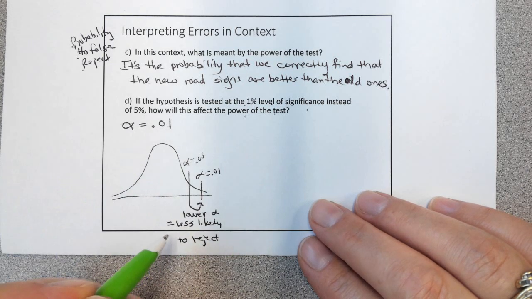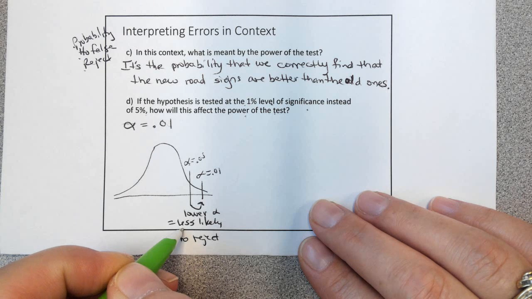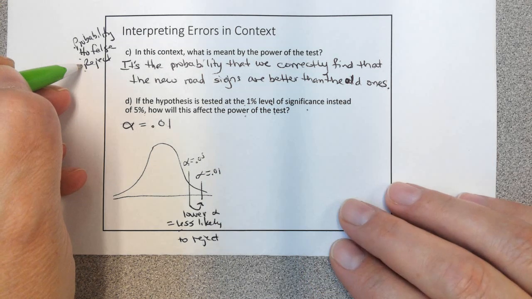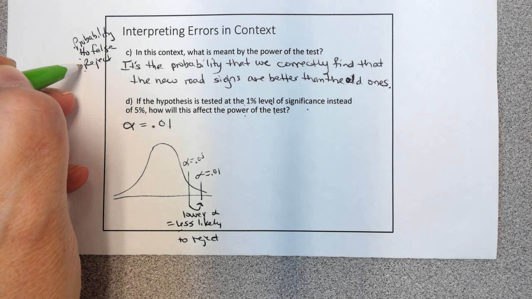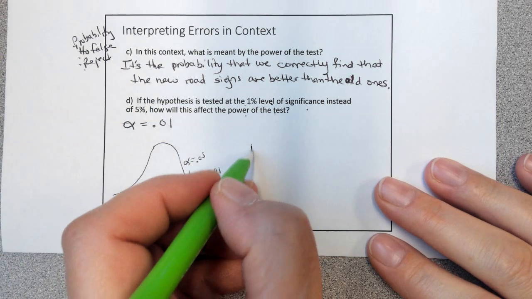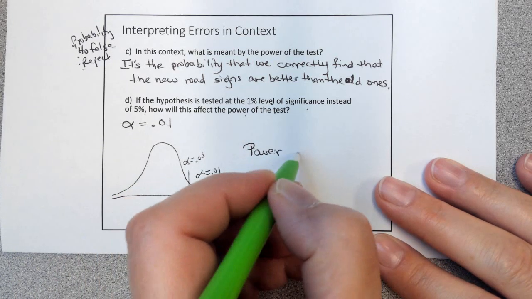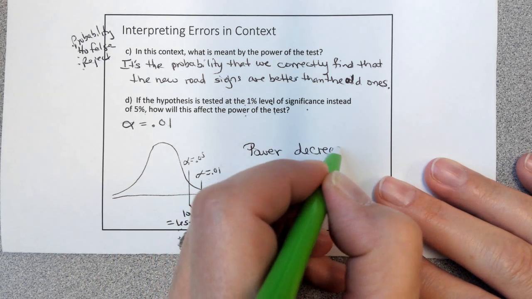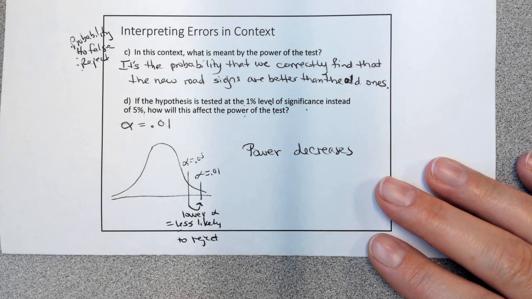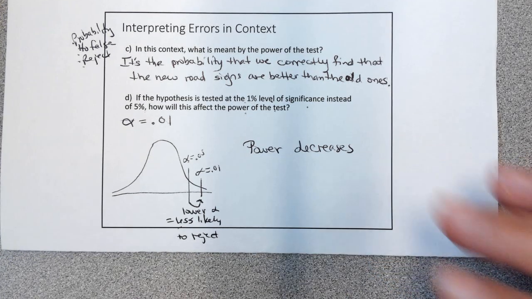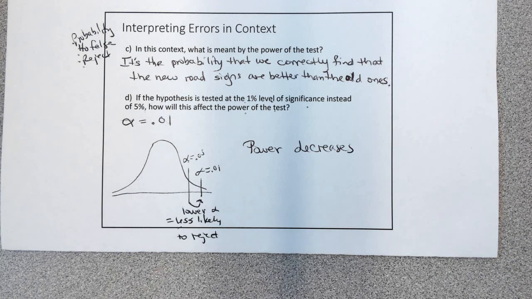If we're less likely to reject, and power is about rejecting a null, then we had to have just decreased our power. So, power decreases. Because we're less likely to reject. And power is about rejecting.